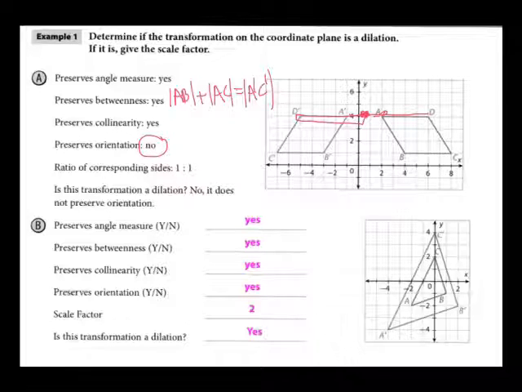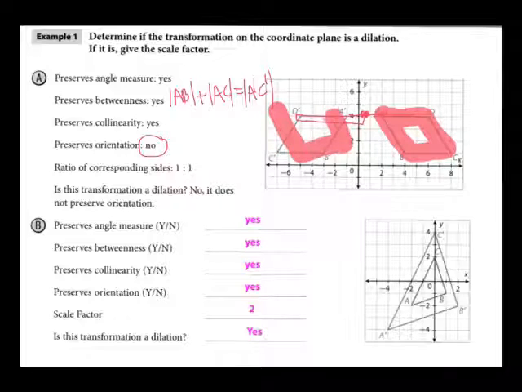So you can see here that there's no orientation because the shape used to, the A used to face to the left, whereas now the A prime is facing to the right. So you can see now that the orientation has changed, where it used to be, if I draw this shape just the same way over here, it should look like that, and it's not anymore.